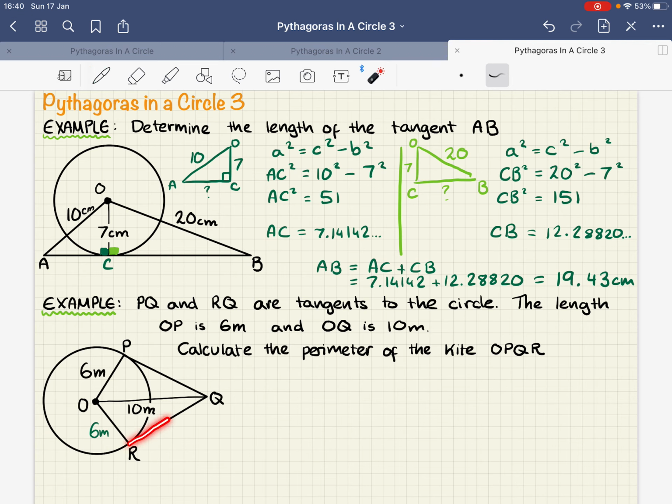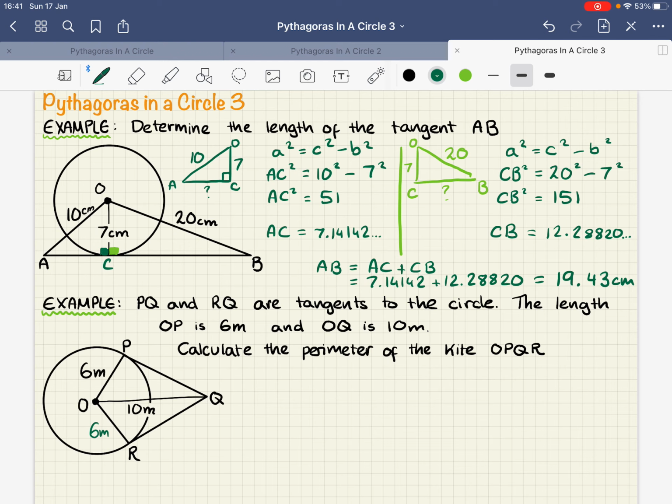So I just need to figure out what this length and in turn this length here is, because they're also going to be the exact same. So once I find out one, the other's going to be the same. So again, I can see here I've got this line from my center to my tangent, so that's at a right angle, and then I can form that triangle happily, and then I can find out this side here.